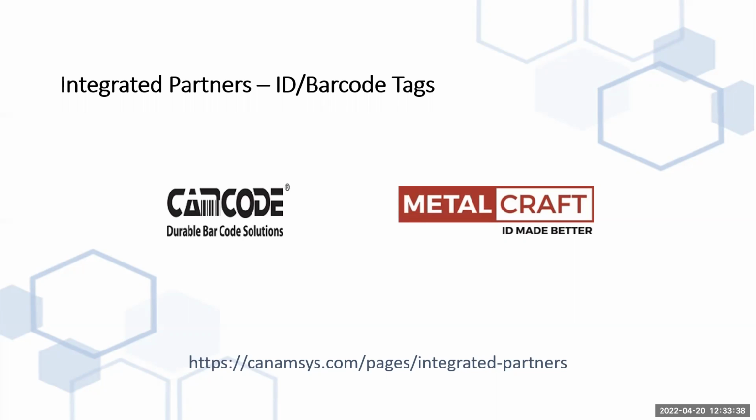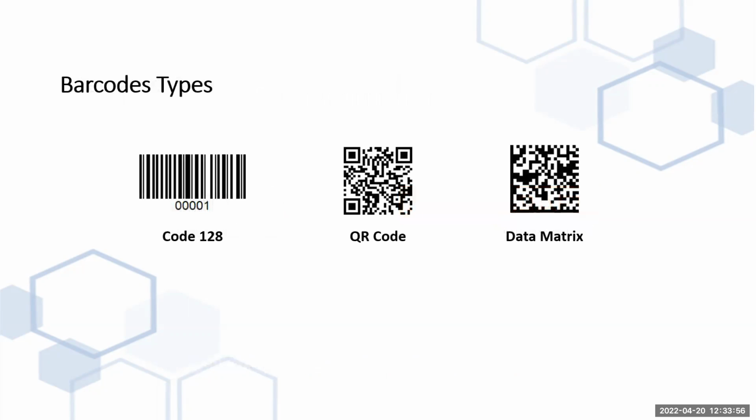Within this area here, we can see our integrated partners are available on our canamsys.com pages, integrated partners. There are links to their websites if you want to take a look at that information. Just a reiteration of before, the barcode types. Our system is compatible with the following barcodes: code 128, which is just a linear barcode, a QR code, and a data matrix.